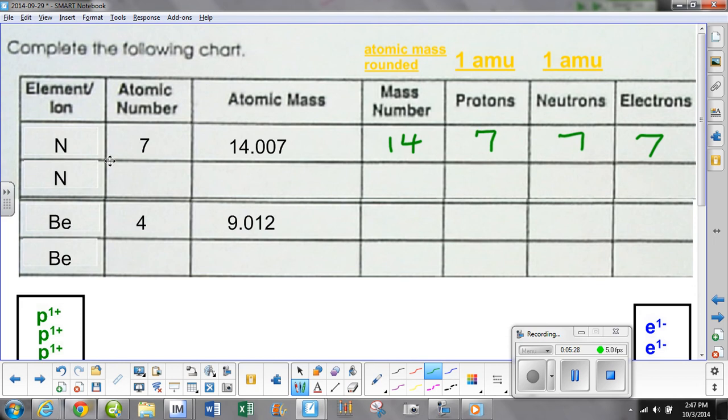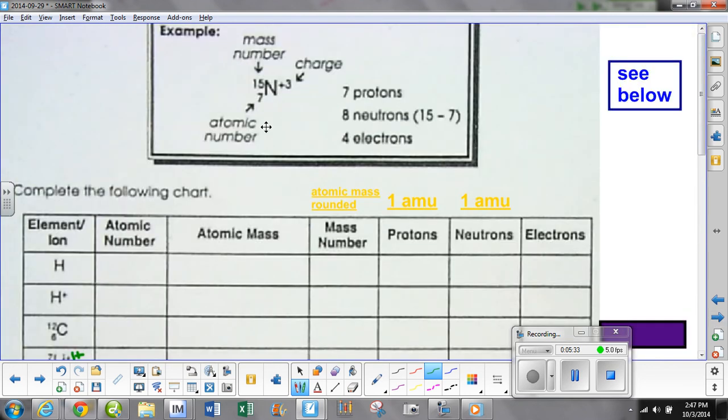Now, the other numbers that we need to figure out are, how do we get this guy? What is it? Where does this come from? No. Well, it is the number of protons, but it's the atomic number on the chart, which is the number of protons. Yes.